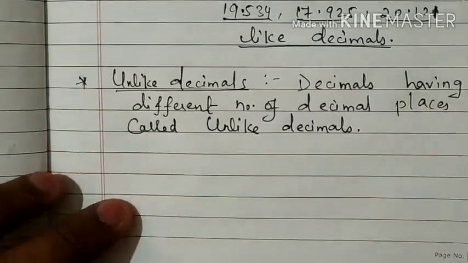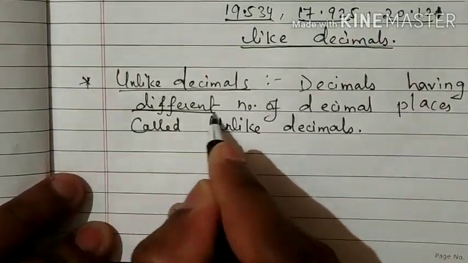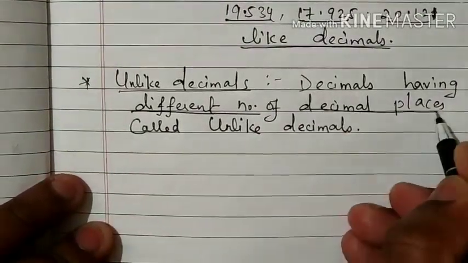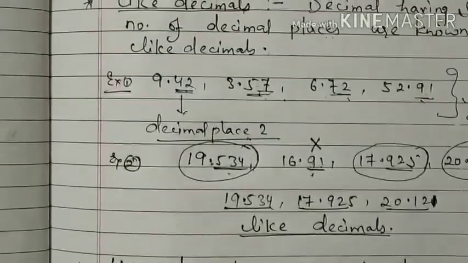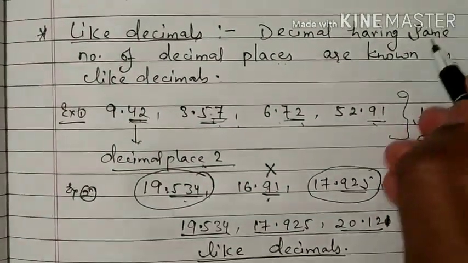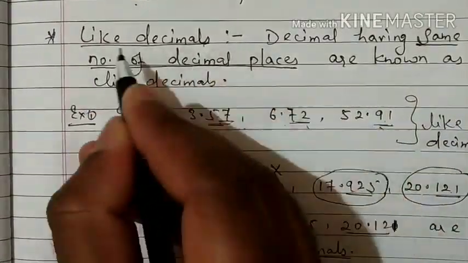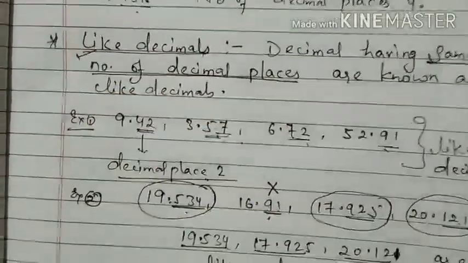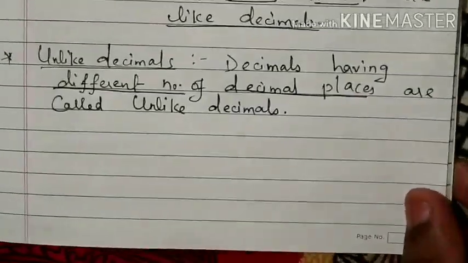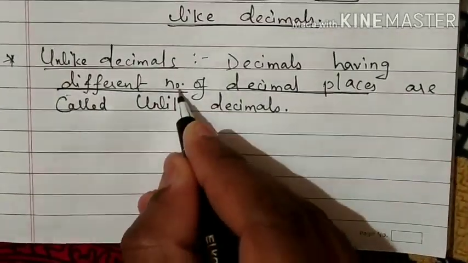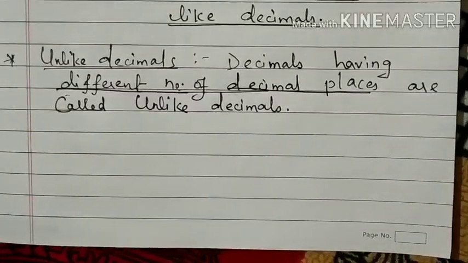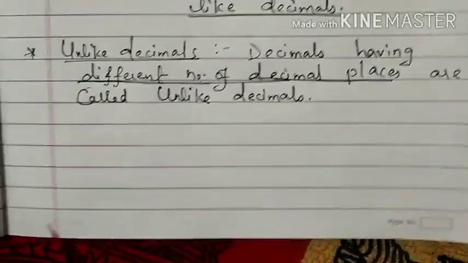All the decimals in which we have different numbers of decimal places. And what did we study in like decimals? Same number of decimal places. This was like decimal. But in unlike decimals, we are studying different numbers of decimal places. This will be an example of unlike decimal.